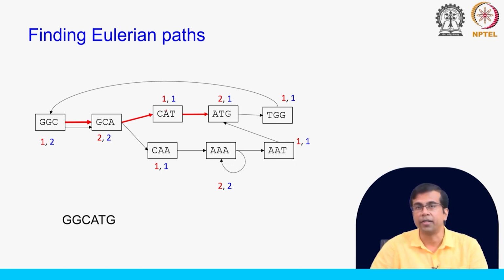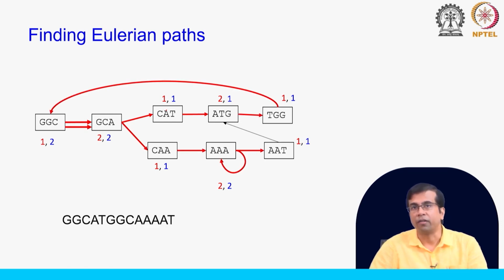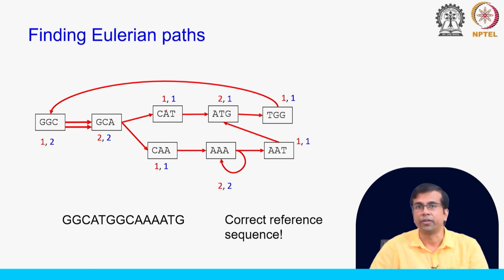You can see that I am just adding the letters, and then we completed this process. Again, without going into the full details, we traversed through the full graph, and finally we reached here, which is the end, and we got back the right reference sequence. This is what we traversed in the last class.